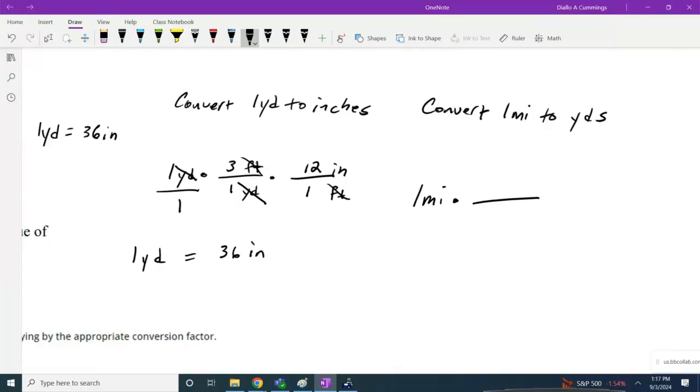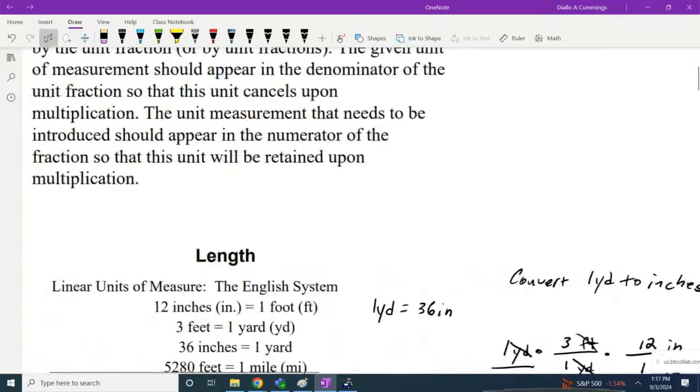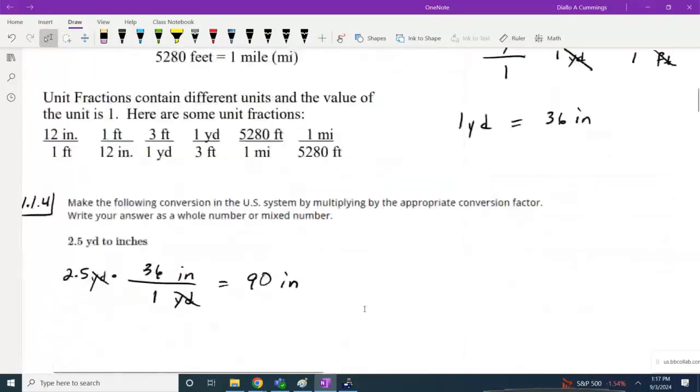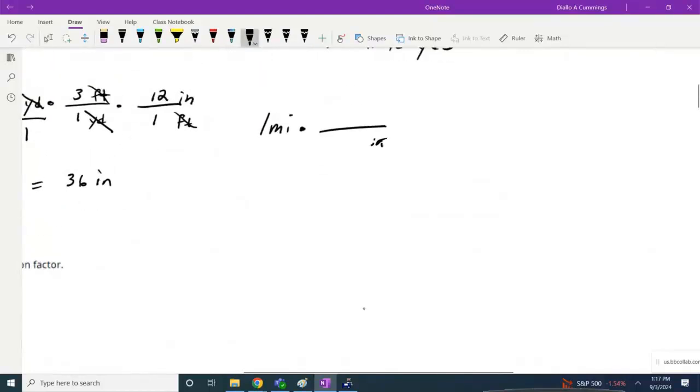I'm going to make 2 unit fractions because for our basic conversions, I can convert miles to feet and then feet to yard. So I'm going to convert miles to feet. For my first unit fraction, I'm going to put miles in the denominator.